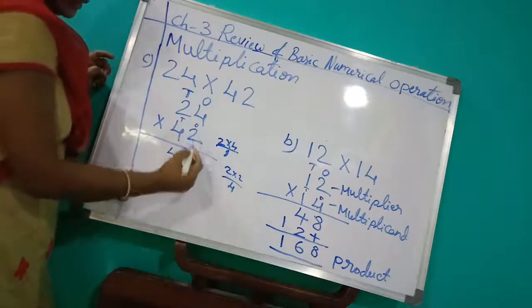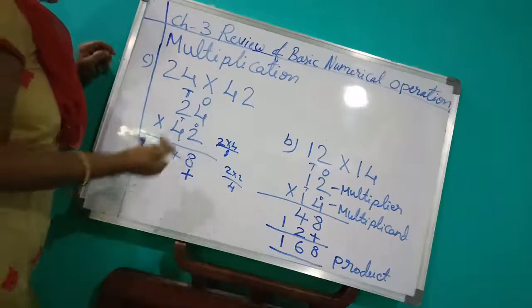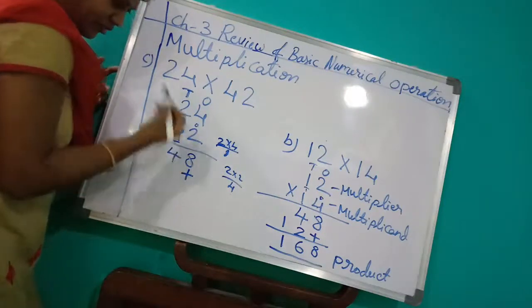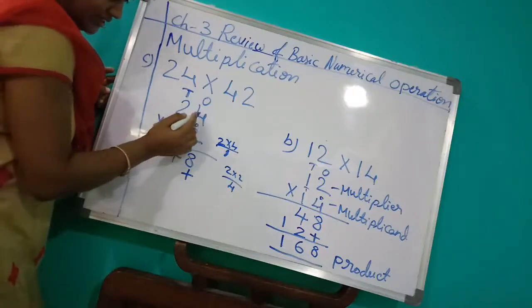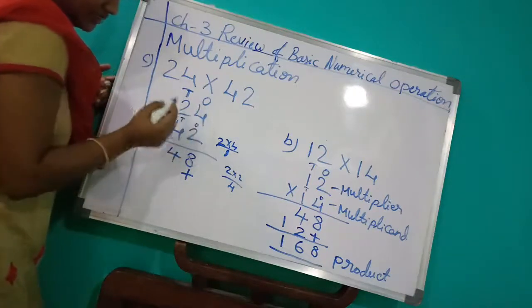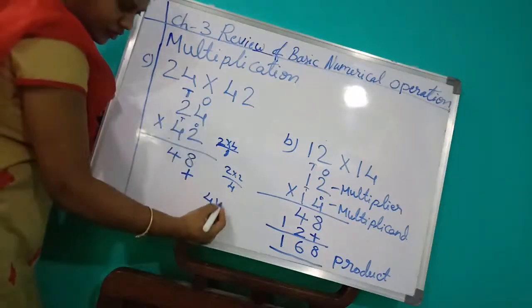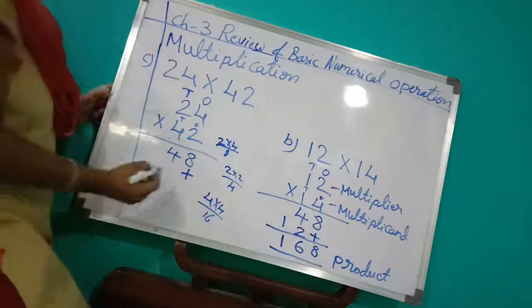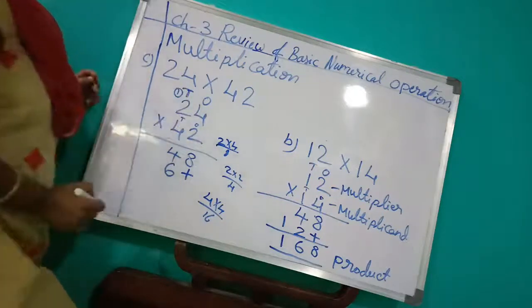The ones place is completed, so write the plus symbol here. Again, in the tens place, which number is here? 4. Now multiply the ones place: 4 into 4 is 16. Write 6 here, 1 carry forward to the tens place.